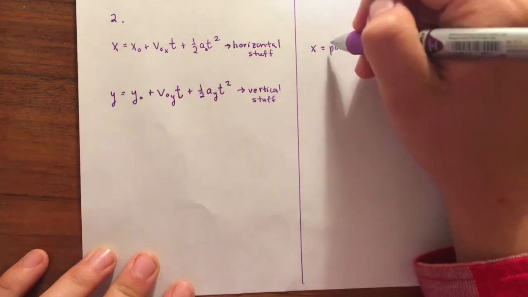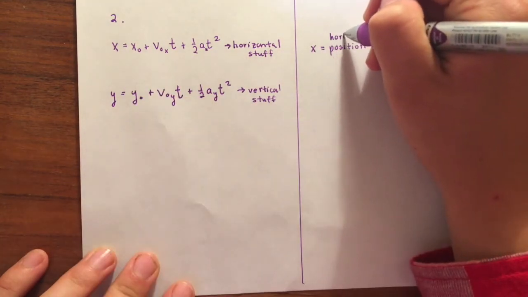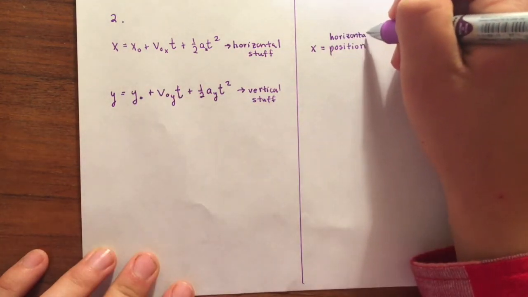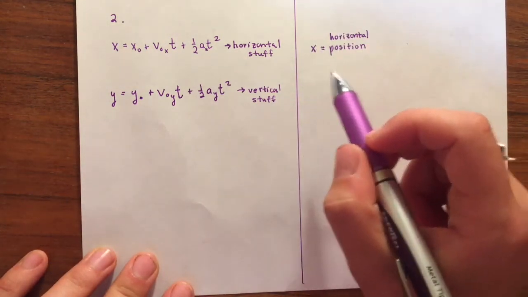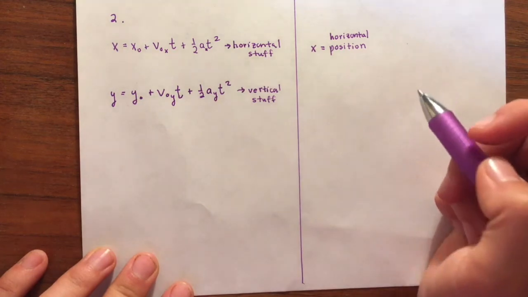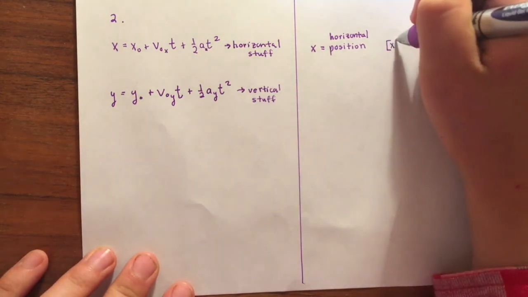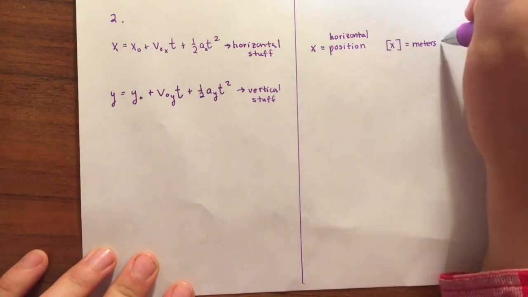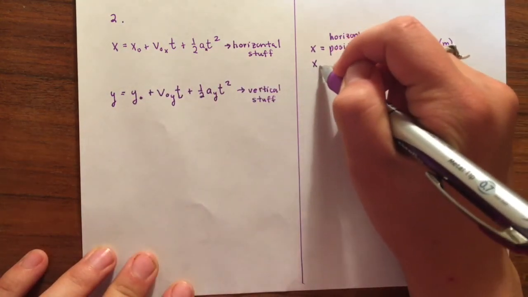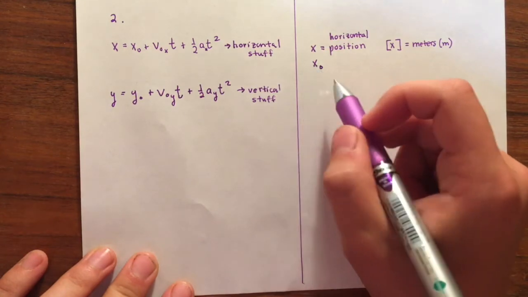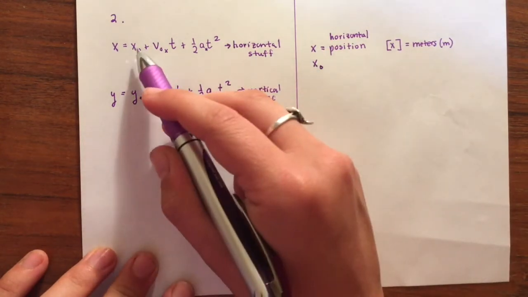This x represents horizontal position. Not just any position, but horizontal position. So x is just where are you horizontally. X is measured in meters. Meters are just m. Moving on to the next variable, x naught. That's how we say that, x naught. Remember, naught means initial.